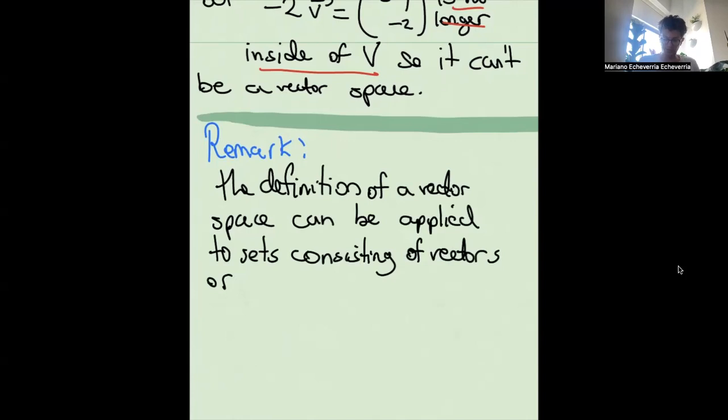It's exactly the same definition. So I'll give you some examples of each so that you see what I mean. Let's start with matrices because it's a little bit easier to process.